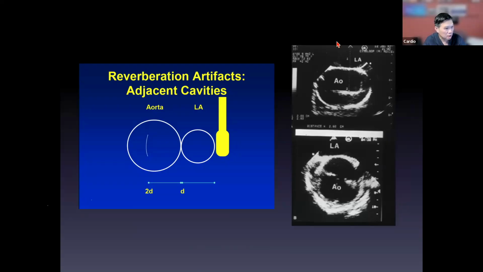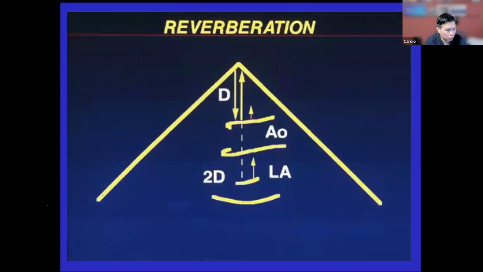In this case, the left atrial wall gets reflected onto the aorta, creating an impression of a pseudo-aortic dissection, going with the pseudo theme today. So structures can map into the aorta, or the aorta can map into the left atrium, creating things that you're not supposed to see.